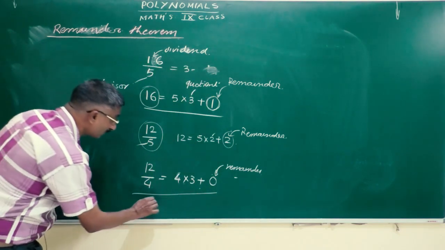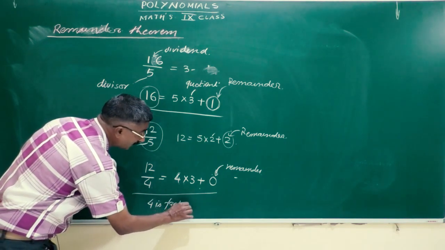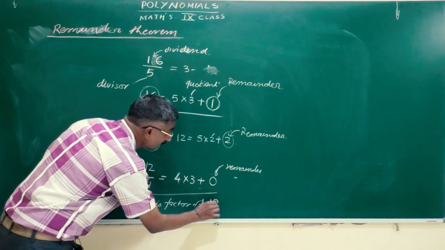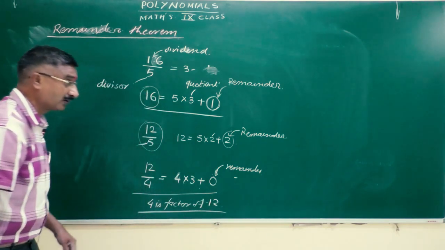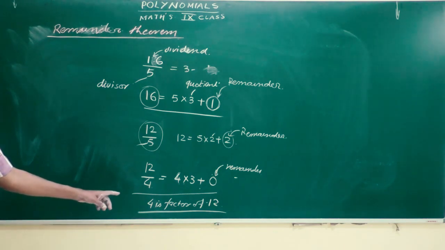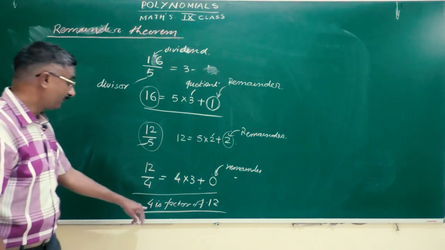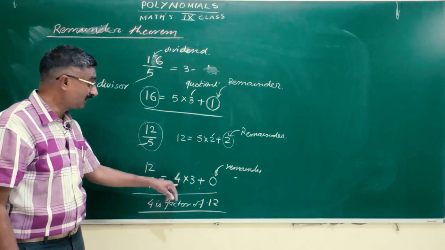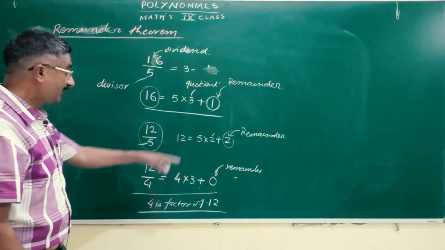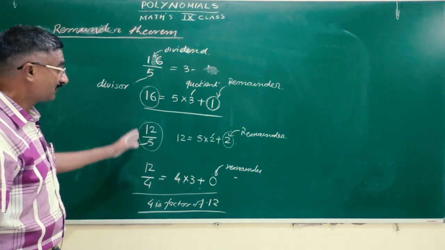Means 4 is a factor of 12, or 12 is the multiple of 4. Means if you multiply it by 3, you will get answer 12. Here in this case we are getting the remainders. Clear? The concept is like this.